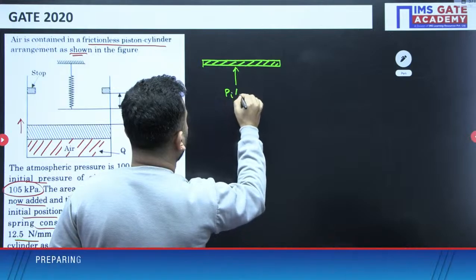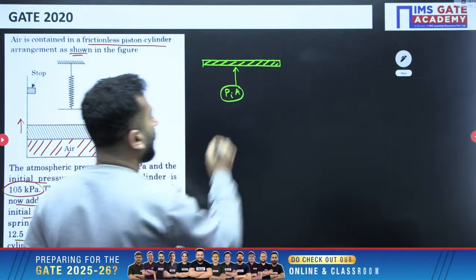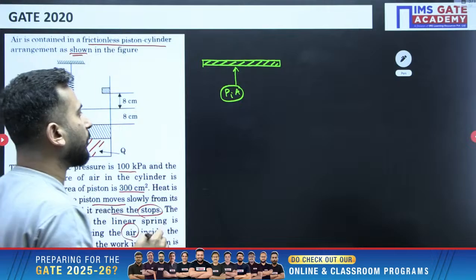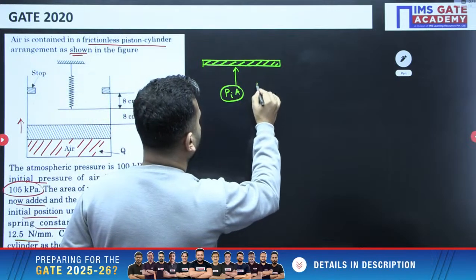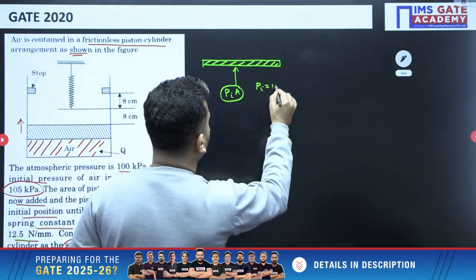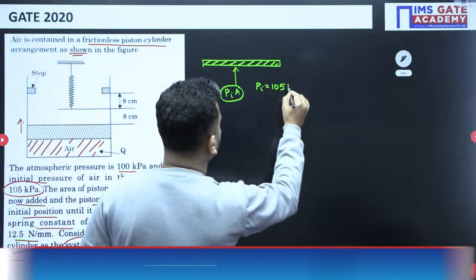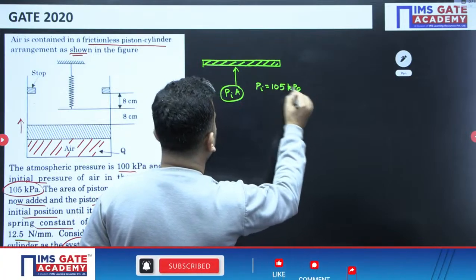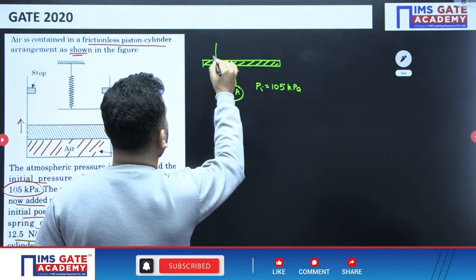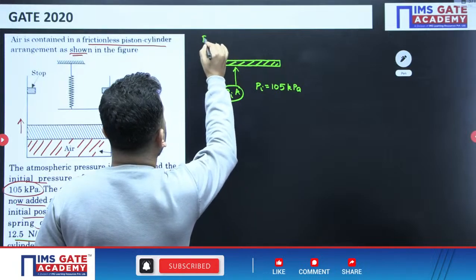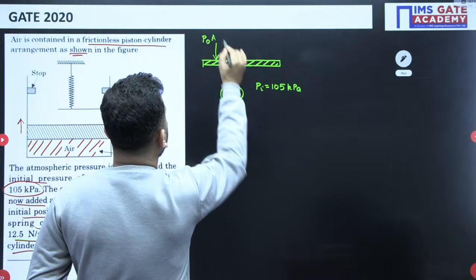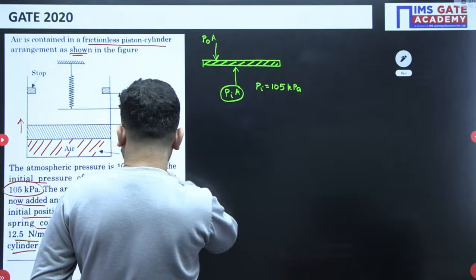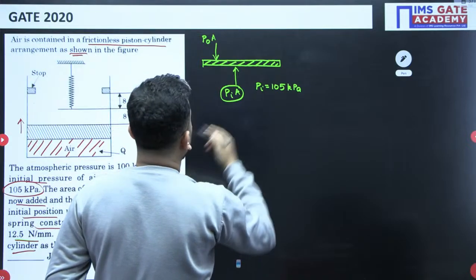Pi into A. Now remember, we are not equating the pressure, we are actually equating the forces. So Pi is given as 105 kPa. And on this side atmosphere is there, so P naught into A is the force, and P naught is given as 100 kPa.